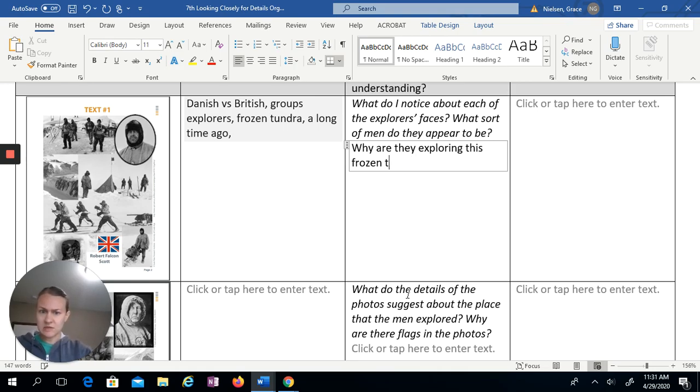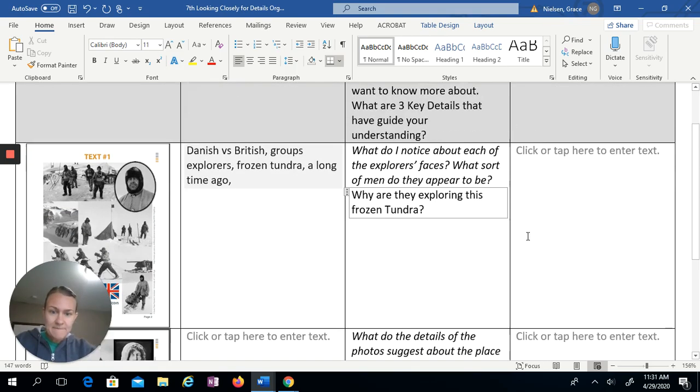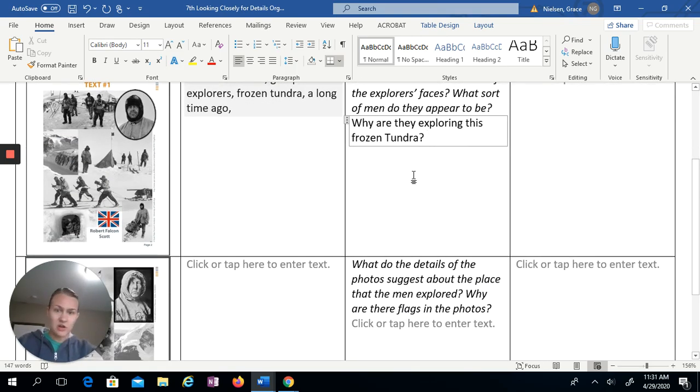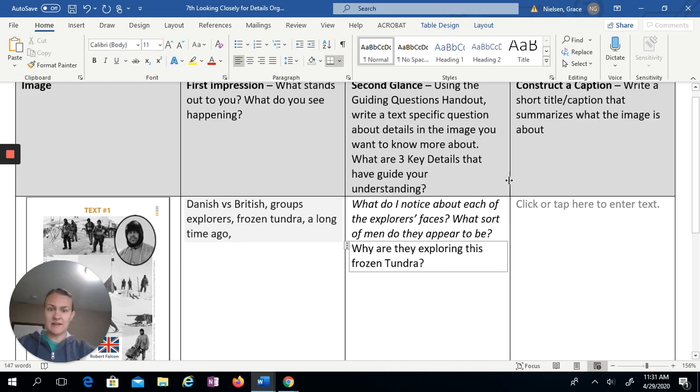What are they looking for? Doesn't seem to be much there. Why would you be interested in just looking at a bunch of snow? So just ask 3 or more questions. What questions do you have after looking at this, okay?